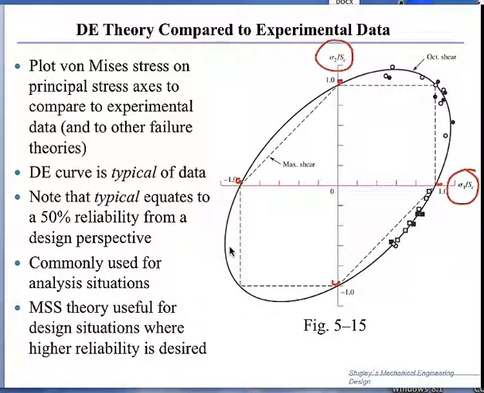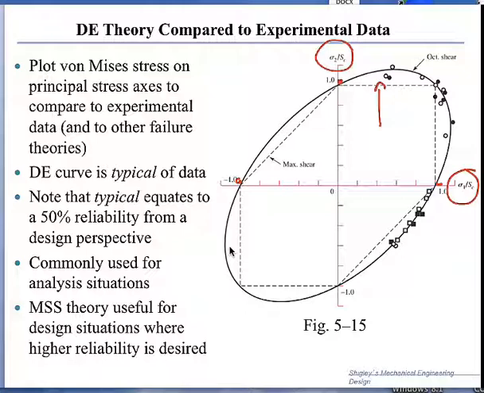You have the ellipse, which is the distortion energy theory, and you have another line, the dotted line, that shows the maximum shear theory.